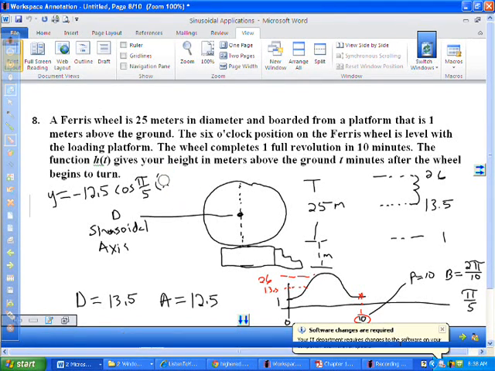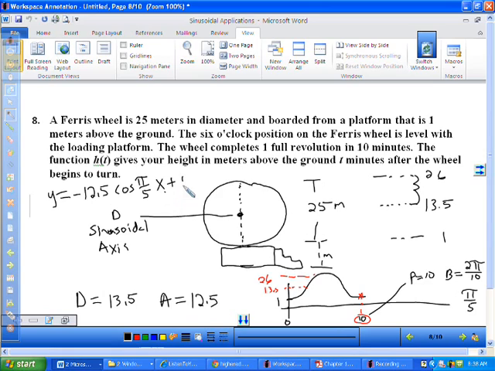We don't have to put x in parentheses because it's 0 for C. So x, and there's a displacement of 13.5. That's my equation there. With this information, you should be good for tomorrow.